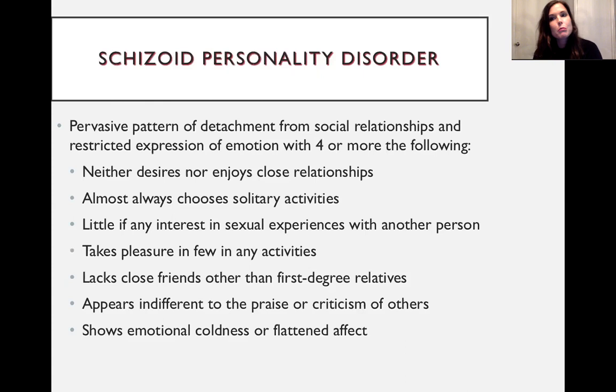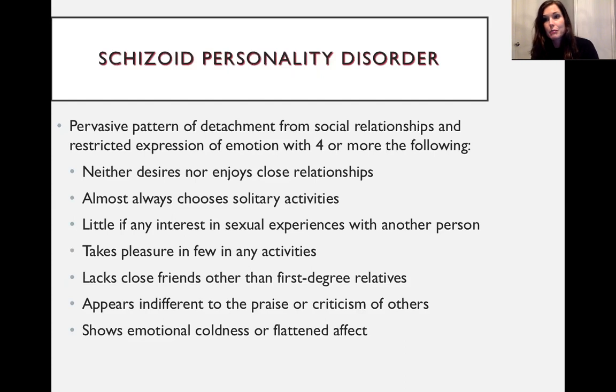So I'm thinking of someone, just to throw a case study out for you, maybe a 34-year-old man who's never really had close relationships and does not care to have close relationships. He works in a mailroom by himself most of the day and feels very content to do so. He comes home at the end of the day and does not spend time with very many people.